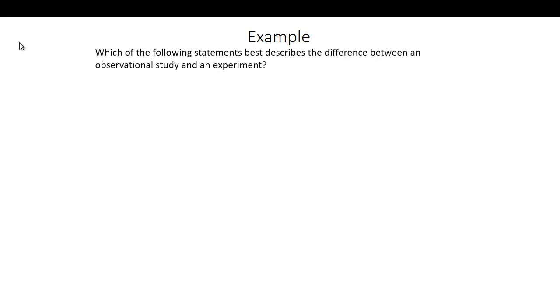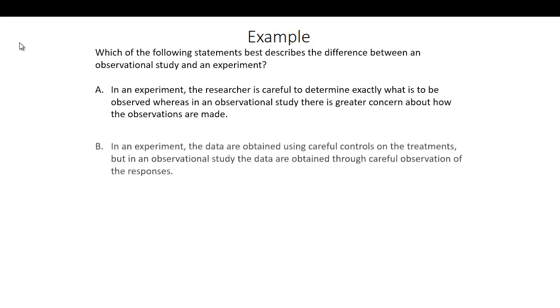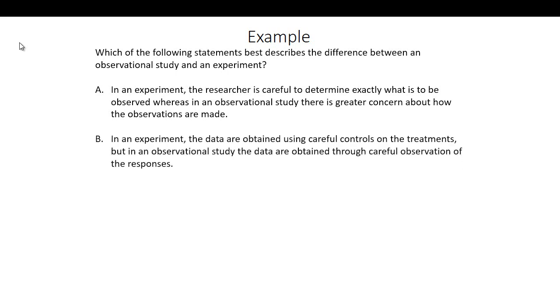Which of the following statements best describes the difference between an observational study and an experiment? A: In an experiment, a researcher is careful to determine exactly what is to be observed, whereas in an observational study, there is greater concern about how the observations are made. B: In an experiment, the data are obtained using careful controls on the treatments, but in an observational study, the data are obtained through careful observation of responses.